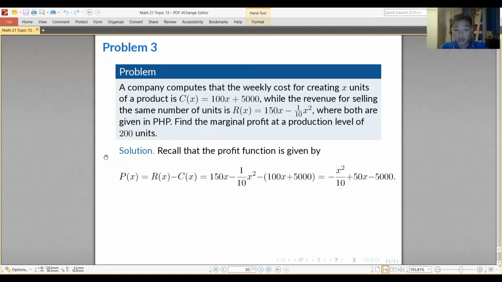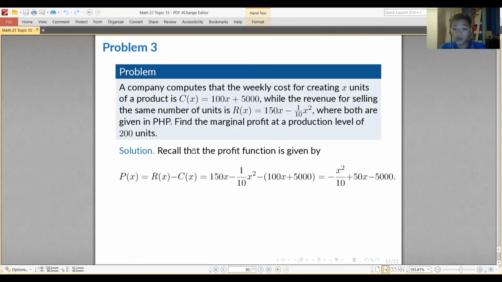So take note that the profit function is the difference between the revenue function and the cost function, as we saw in the relationships in the previous slides. If you do so, you'll get the following expression from the difference between the two functions.